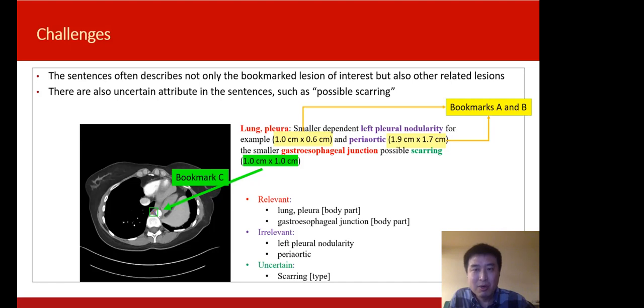Like in this example, the left pleural nodularity describes the first bookmark, but not bookmark C. Second, there are also uncertain attributes mentioned in the sentence. Like in this example, it says possible scarring, so it's an uncertain attribute that describes bookmark C. Therefore, the challenge here is to differentiate the relevant from the irrelevant and uncertain attributes.